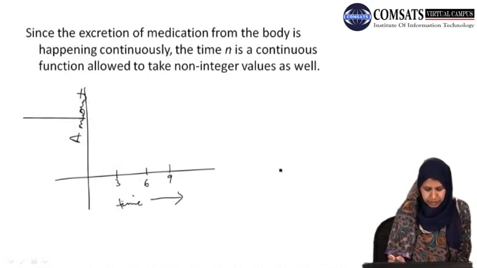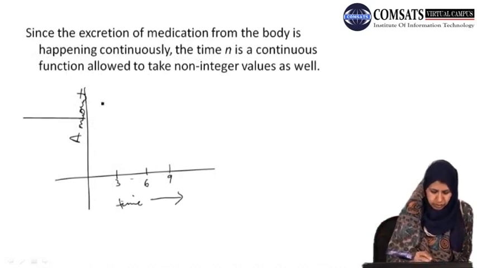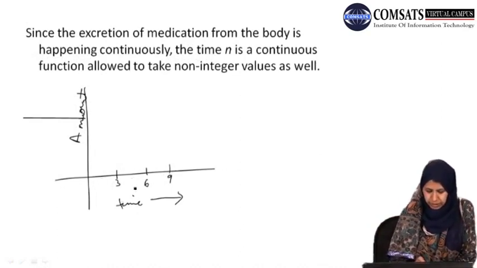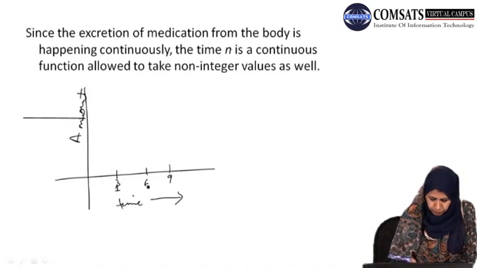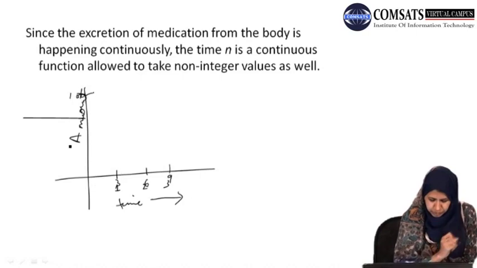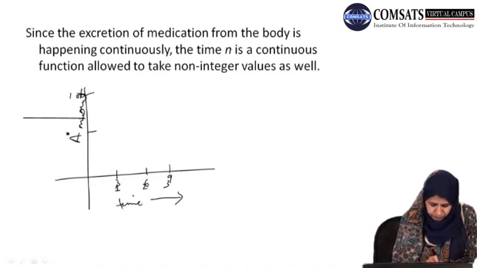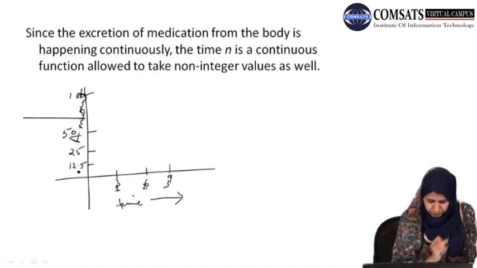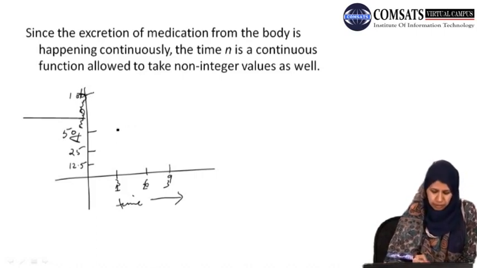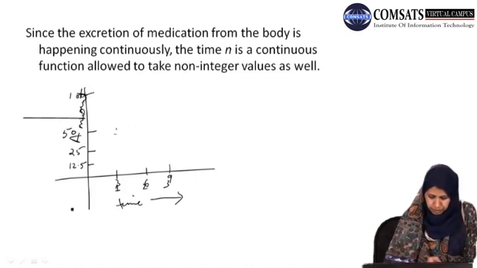So this is our time on the x-axis with 3, 6 and 9, and on the y-axis we have the amount. Okay, since we have rescaled our time, this will be 1, 2 and 3. Let's say this is 100, this is amount 50, this is 25 and so on. So at time t equal to 0, the amount was 100 mg. At time t equal to 1, that is after 3 hours, the amount was 50.